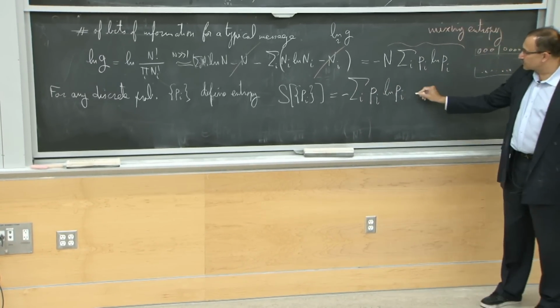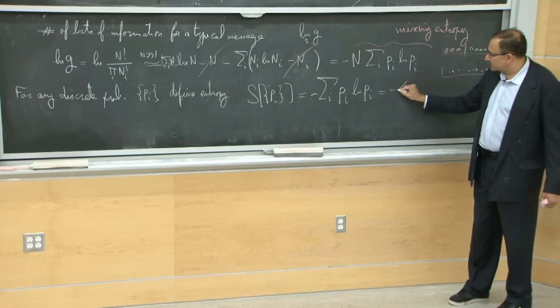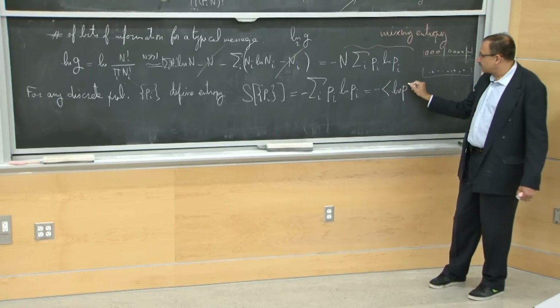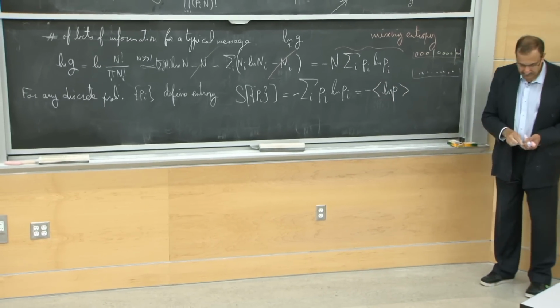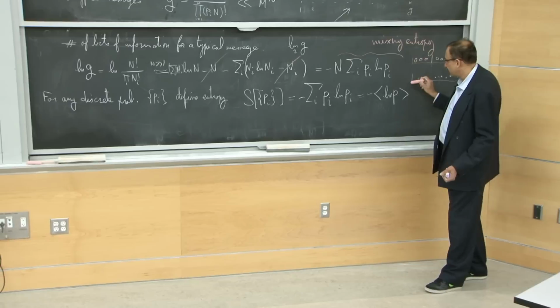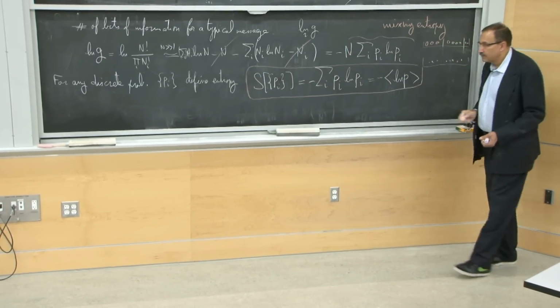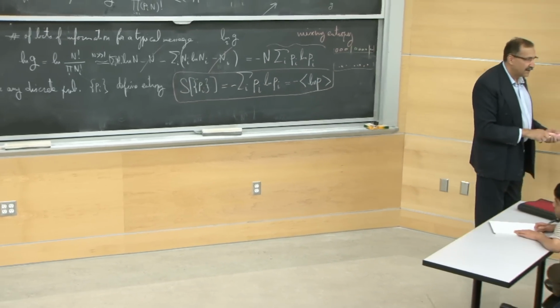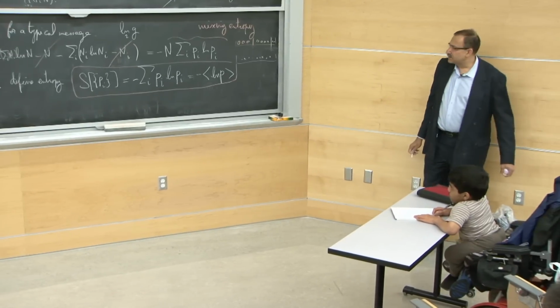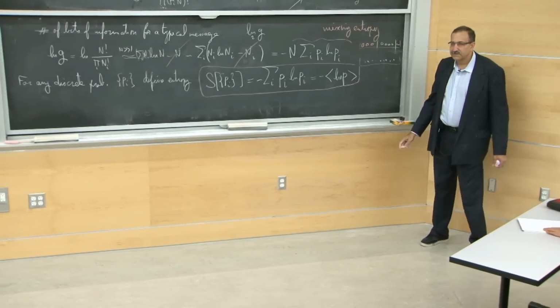If you like, it is also, not quite, doesn't make sense, but it's some kind of an average of log p. So anytime we see a discrete probability, we can certainly do that.